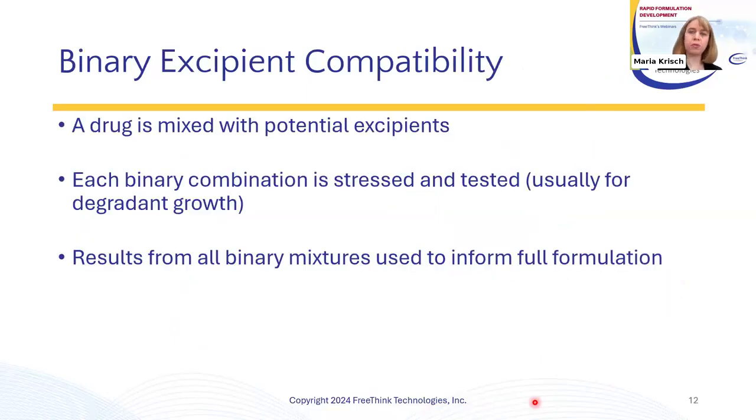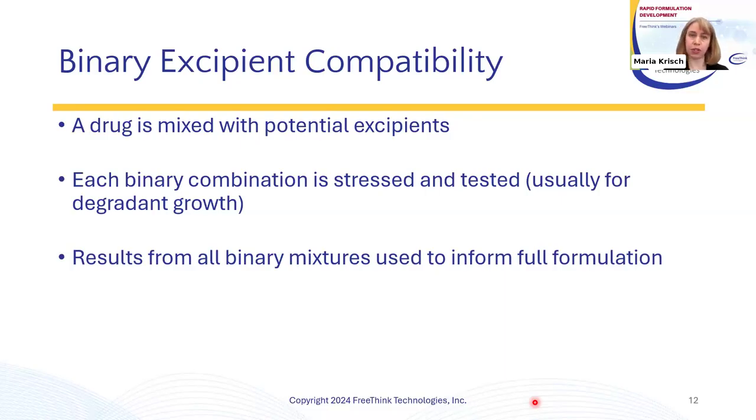Okay, so I'd like to take that understanding of how excipients can impact drug stability and think about one of the very common first steps for a lot of evaluation of excipients for inclusion in formulations. And that's the binary excipient compatibility study. So the approach for these is usually that a drug is mixed in a binary combination with a whole series, a panel, of potential excipients, right?